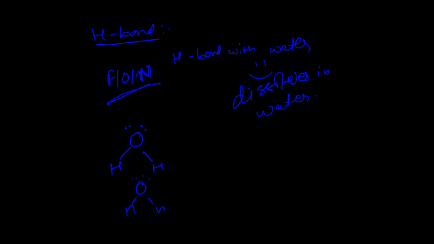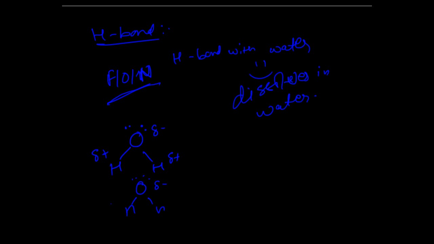Hence, now let's try to show how hydrogen bond is represented. To show hydrogen bond, we must first draw the structure of the molecule. And now we must show the electronegativity difference. Since oxygen is electronegative, oxygen has delta minus polarity, and the two hydrogen atoms have delta plus.